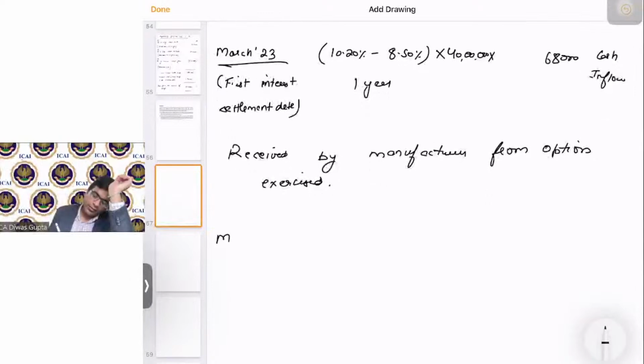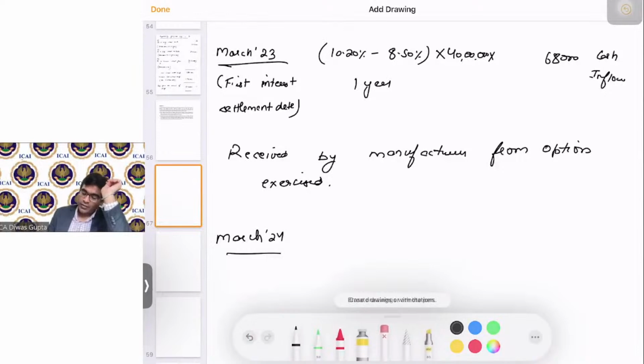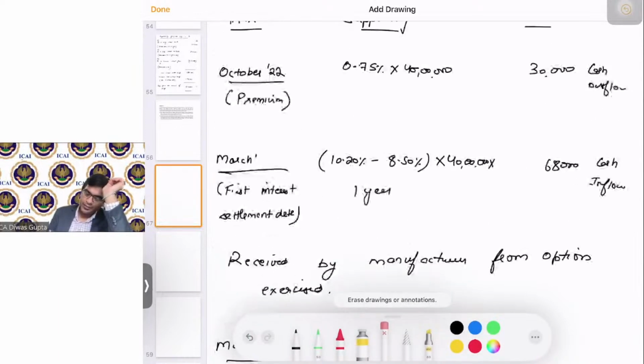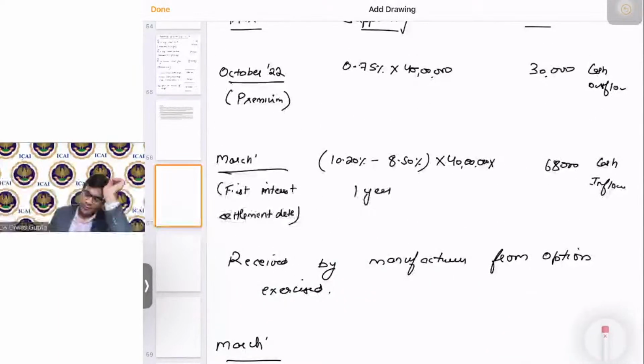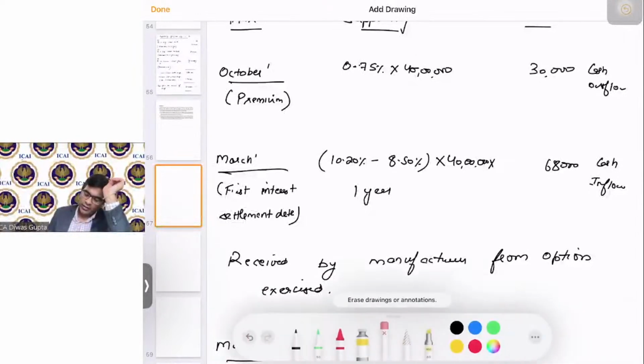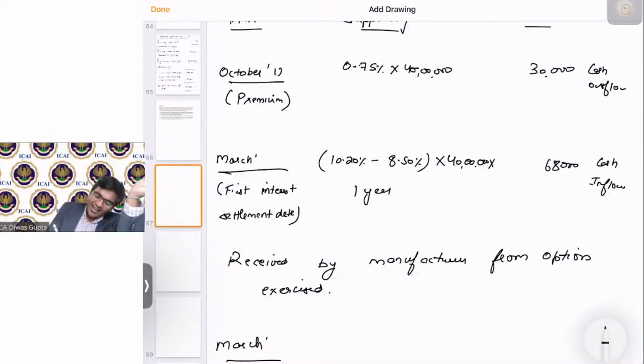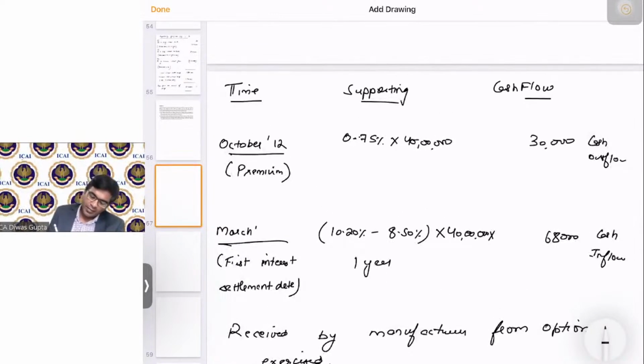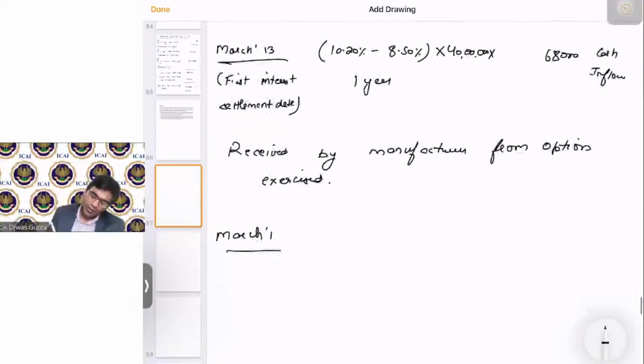Then comes March 24. Sorry, I have actually written here wrong. It's not March 23. It's October 12 actually. Sorry. I advanced these by 10 years, the current period where we are. This is March 13, March 14.